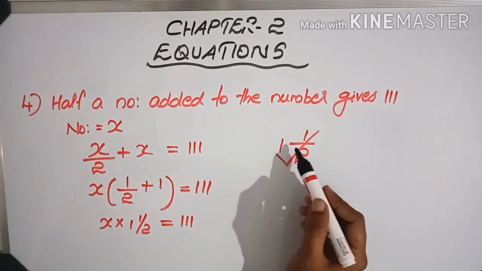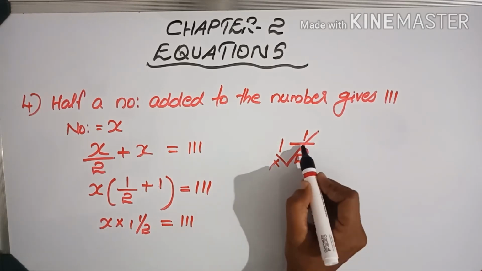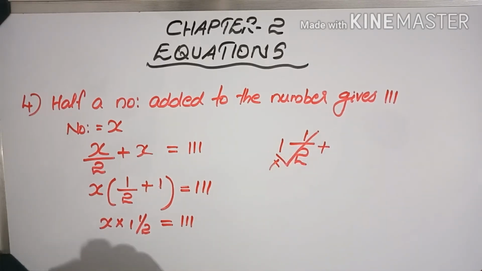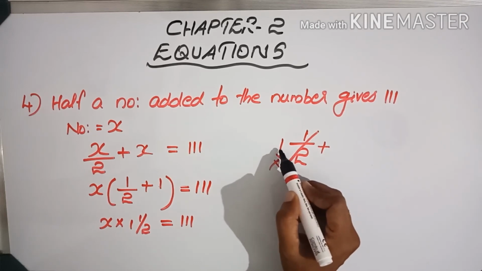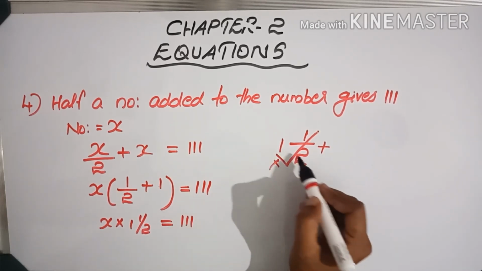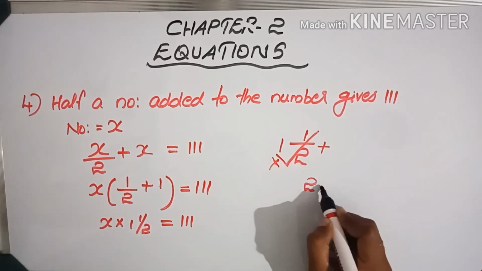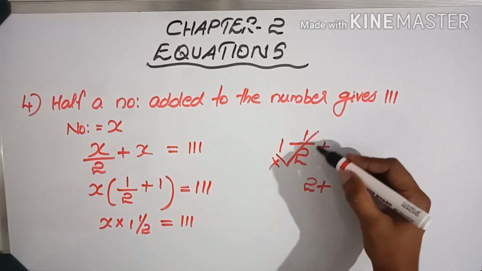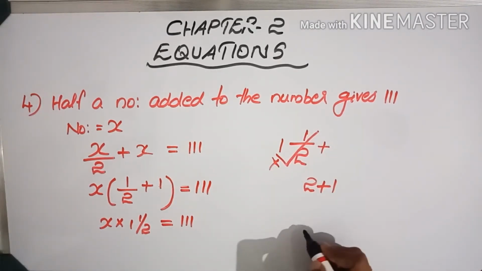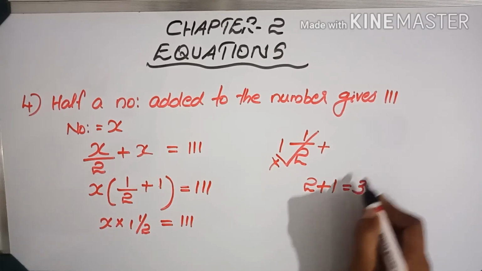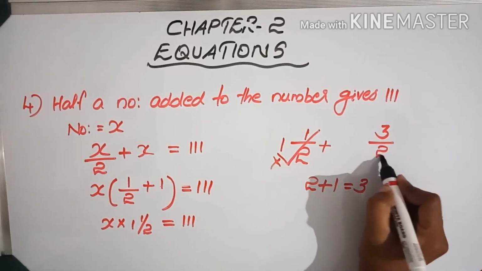Here 1 to 2 you need to multiply, then here you need to add. 1 into 2 is 2, plus the numerator 1, so 2 plus 1 equals 3. 3 will be in the numerator and the same denominator you can write like this.